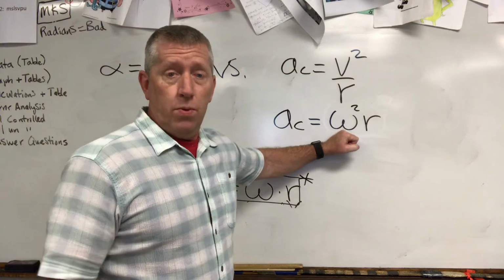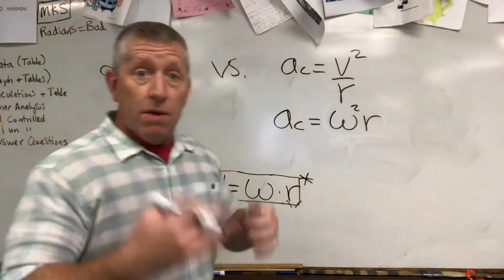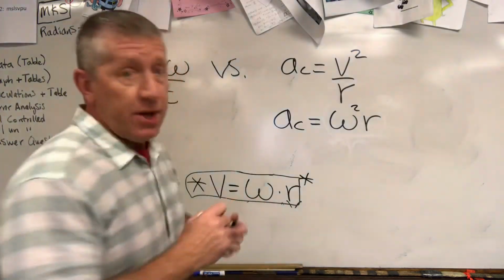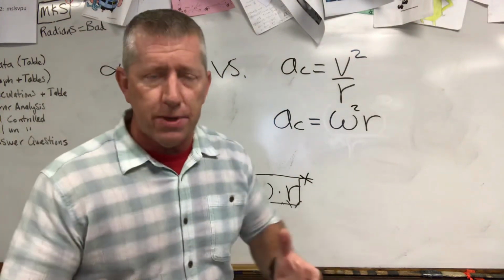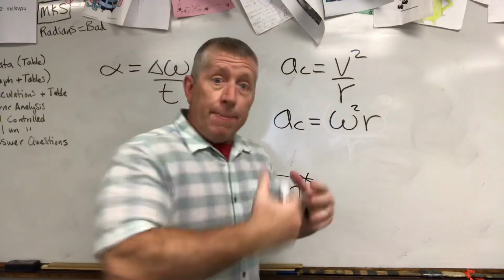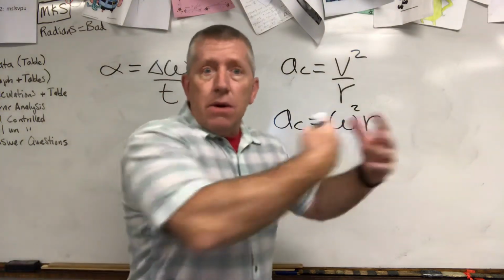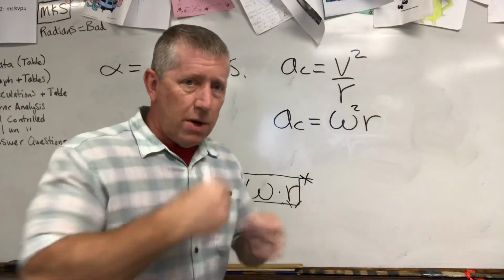So what does that mean? Why would I want that? Well, what if you were given the radial velocity, the rotational velocity, the angular velocity? I'm using these words. And you wanted to know what the centripetal acceleration is. Or maybe it's sometimes called a linear acceleration. It's kind of weird, but when we're talking about circular.